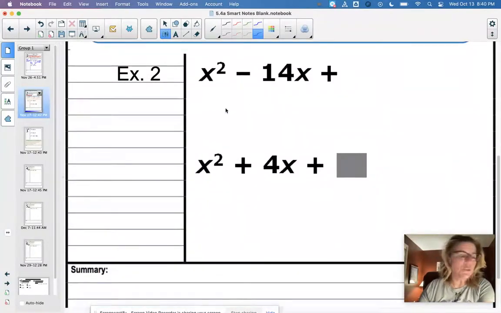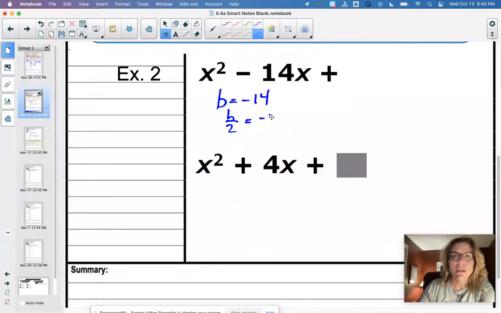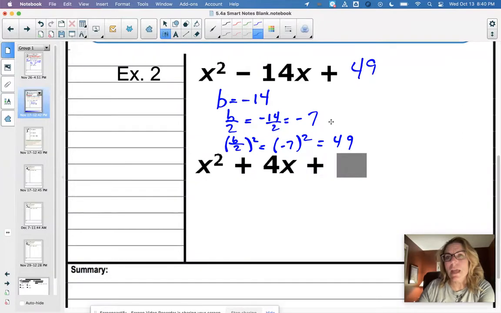So on example 2, if we look, we know b is equal to negative 14. We know that b over 2 is going to be negative 14 over 2, which is negative 7. And if we want to deal with b over 2 squared, we're going to square that, and that's going to be 49. So that's what's being added there. By doing that, you're creating a perfect square trinomial.